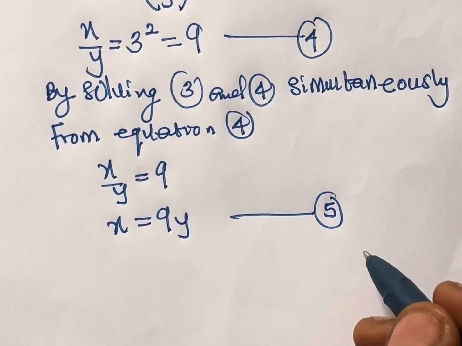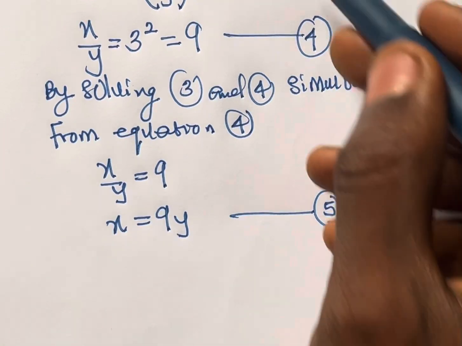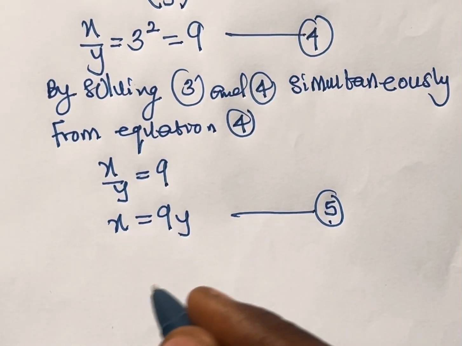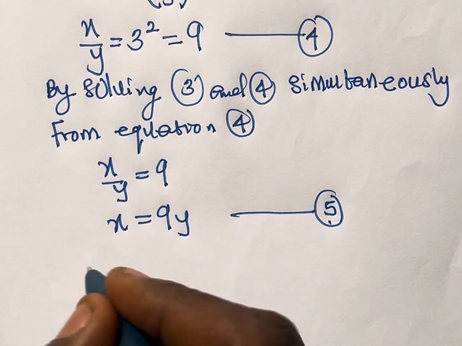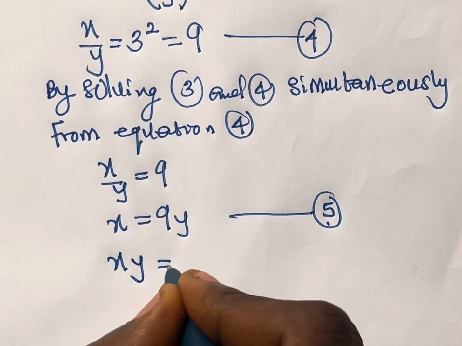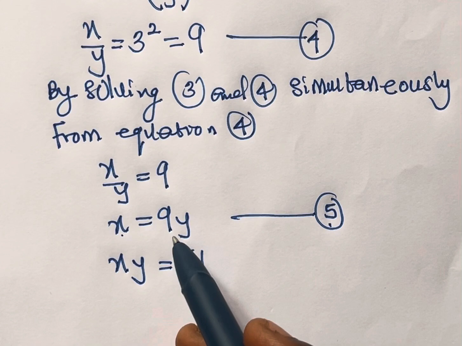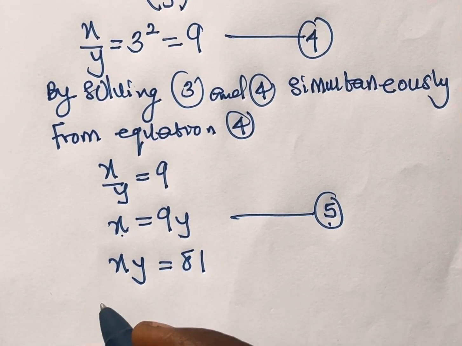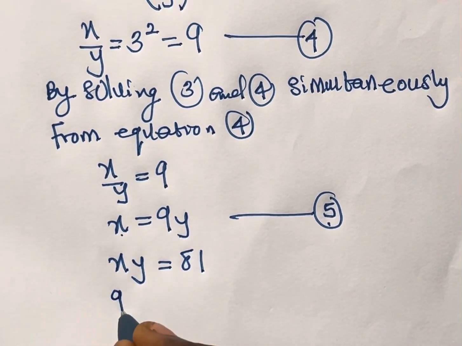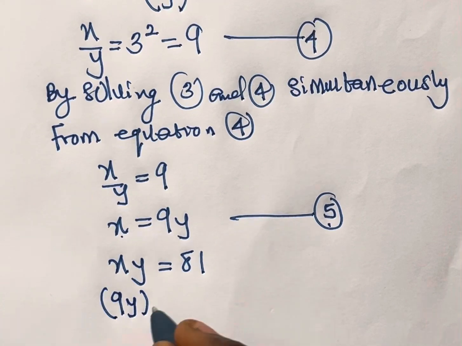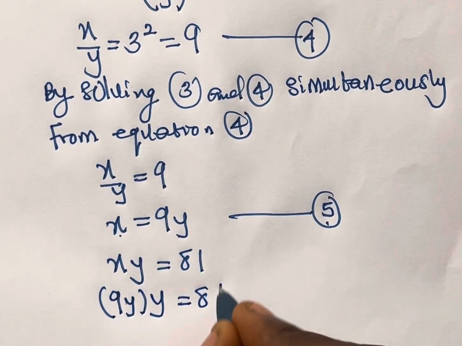Now if we substitute equation 5 into equation 3, we have xy is equal to 81. Whenever we see x, let's substitute it with 9y. So we have 9y multiplied by y is equal to 81.